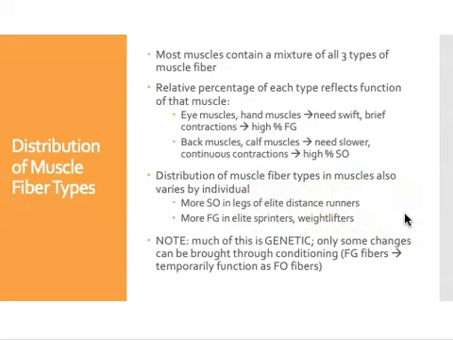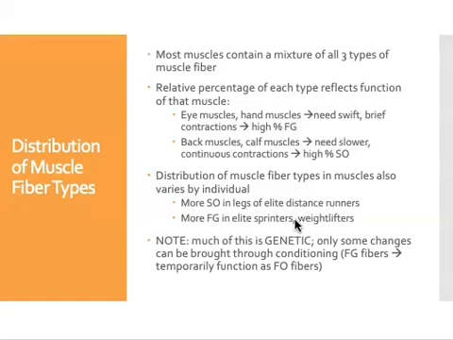Those people are performing in a way that requires the same kinds of continuous contracting work that you would find in the back muscles and the calf muscles. Slow oxidative fibers are the most abundant type. If you look at elite sprinters, though, or you look at somebody like a professional level weightlifter, they're going to have more of the fast glycolytic type because they're asking for a faster contraction that can be briefer in its duration.